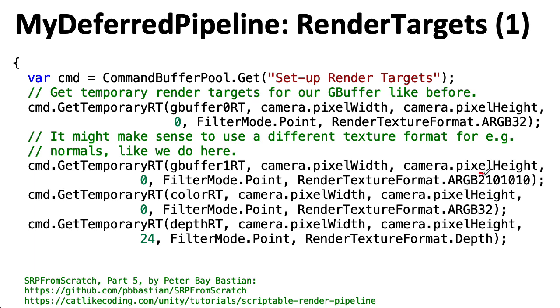So this uses only 2 bits for alpha, but it uses 10 bits for R, G, and B. So that's 2 additional bits of precision for the RGB channels over ARGB32. And that's helpful here since RGB don't represent colors, they represent the X, Y, and Z of normals. And for our ZBuffer render target, we use the .depth format.